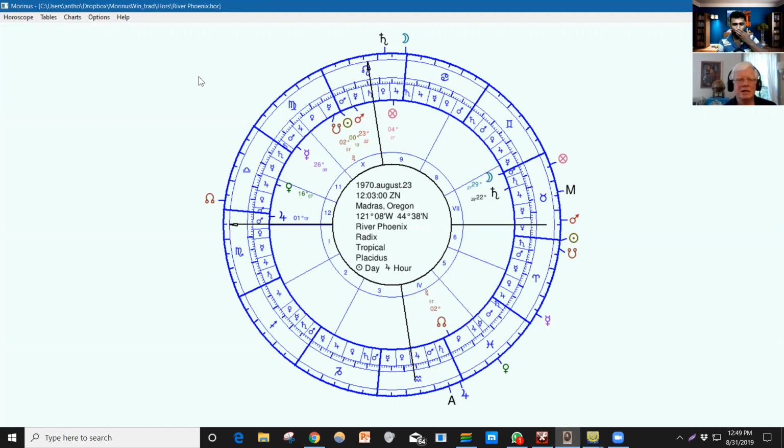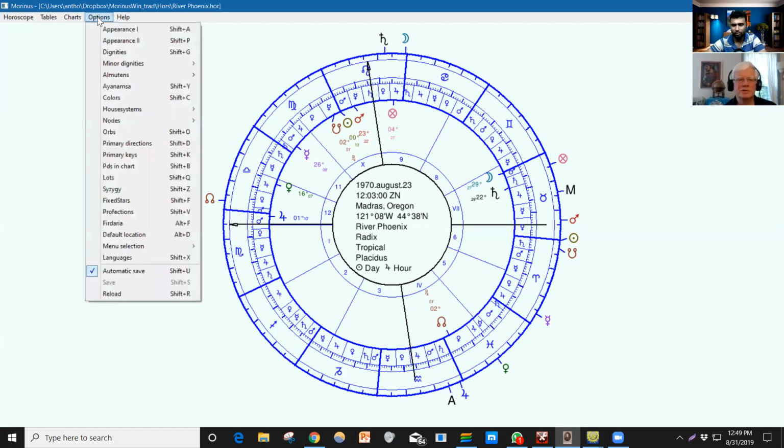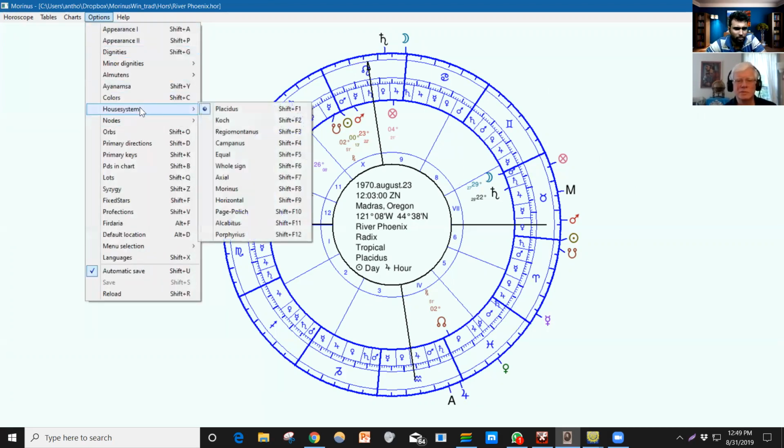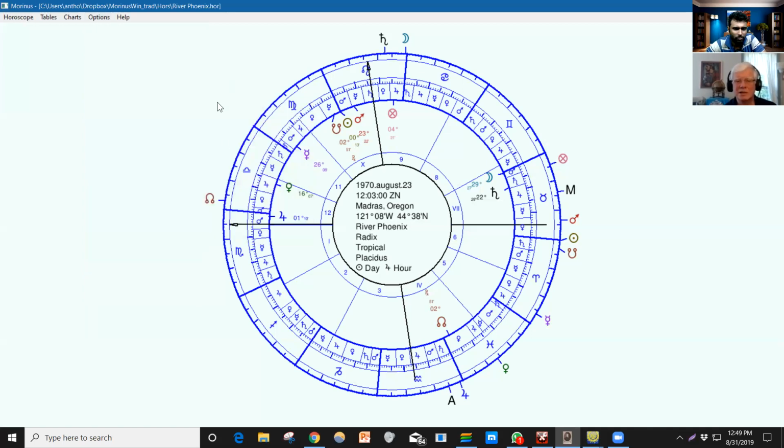And then if you go to options, you have to pick a house system. I picked Placidus because I like Placidus for natal charts. I think the Placidus cusps are significant. And a value of Placidus, since we're using Placidus semi-arc, is that every 2 planetary hours is a new house cusp.